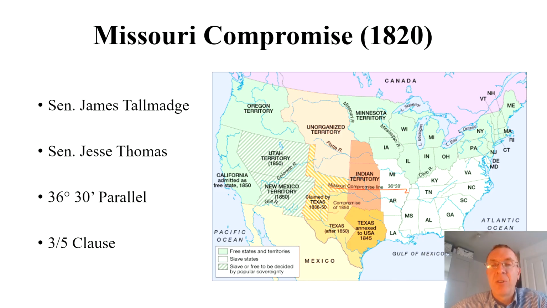And so if Missouri comes into the Union as a slave state, which it wants to do, that means there will be 2 more pro-slavery senators in Washington than pro-free state, anti-slavery senators. The Northerners were very insecure about that. They thought the South is going to have 2 up on us.